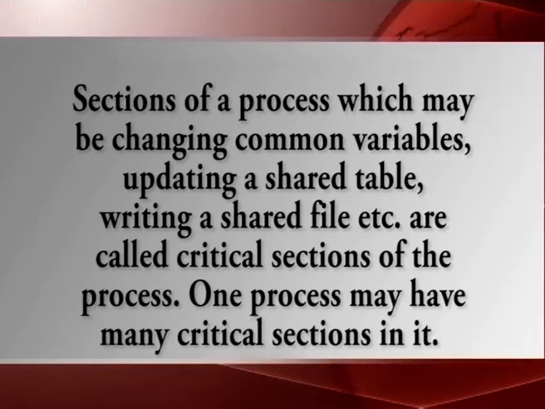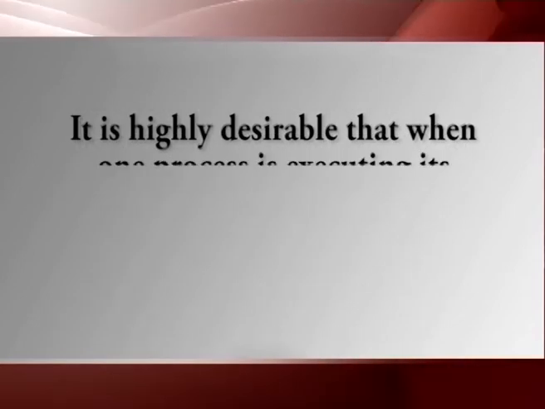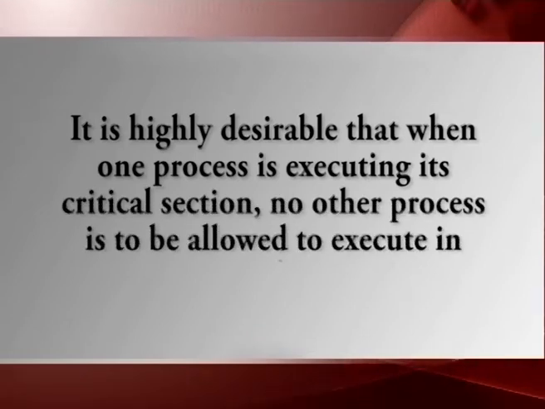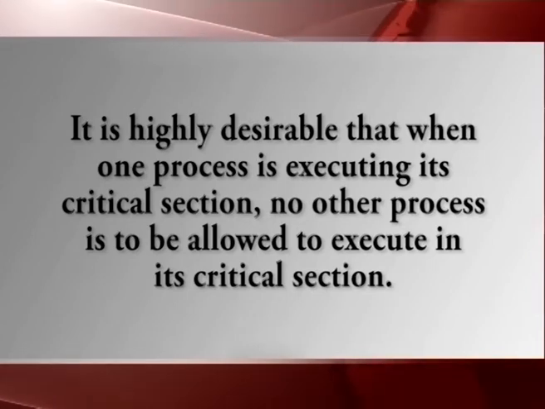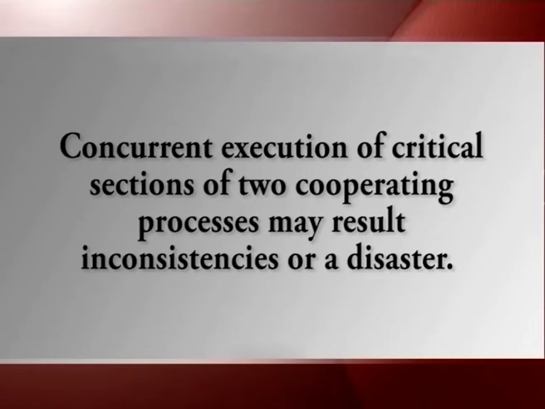One process may have many critical sections in it. It is highly desirable that when one process is executing its critical section, no other process is allowed to execute in its critical section. Concurrent execution of critical sections of two cooperating processes may result in inconsistencies or a disaster.